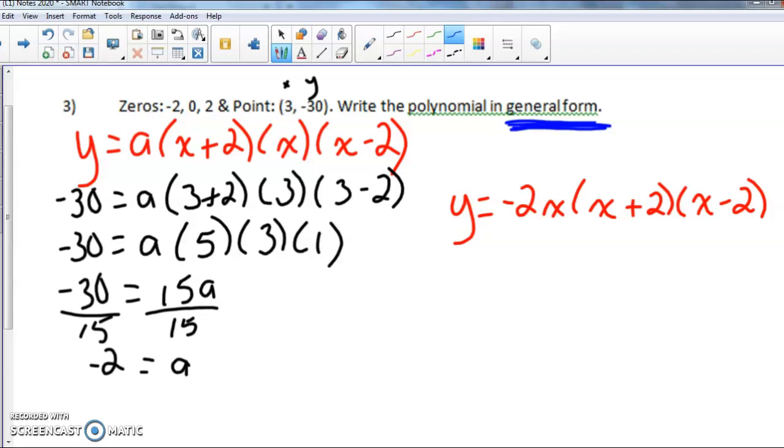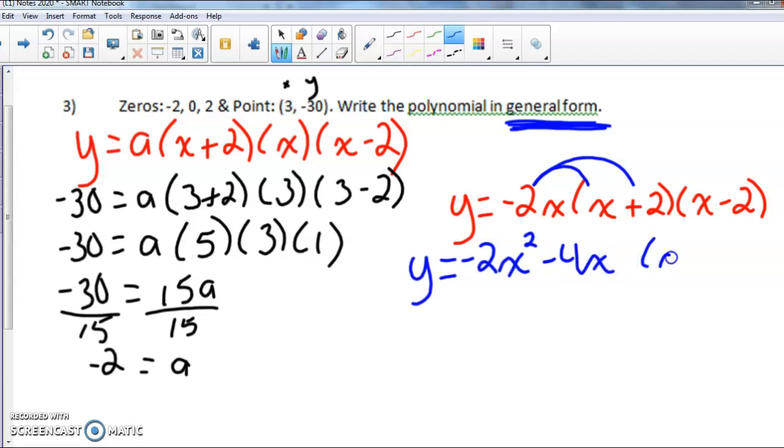So I'm going to start and distribute that negative 2x to the first set of parentheses, which gives me negative 2x squared minus 4x. I still have that x minus 2. Now I have to take that and multiply that answer, that negative 2x squared minus 4x, to the x minus 2.